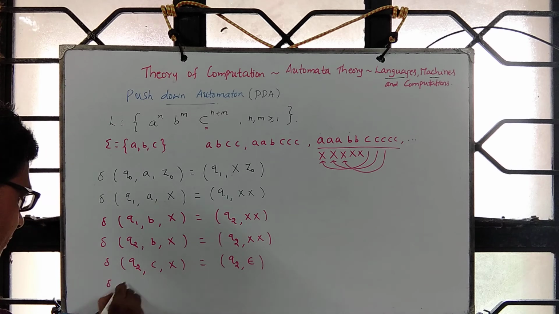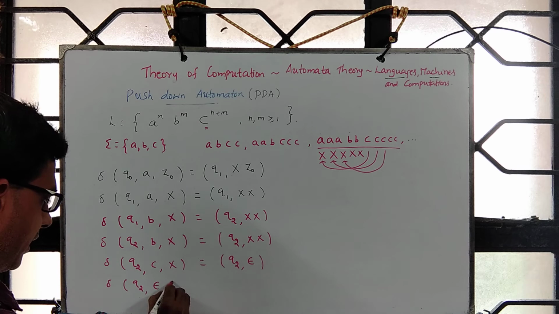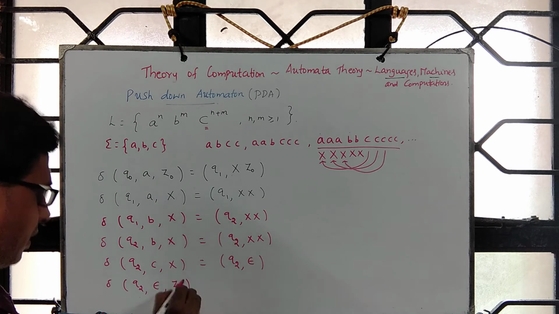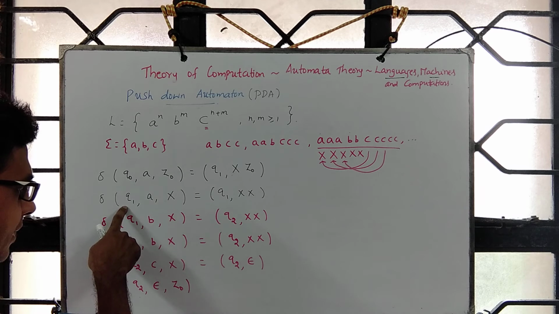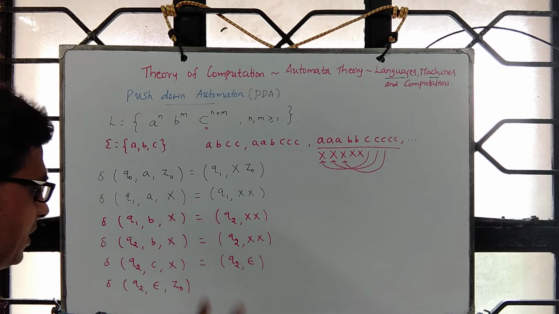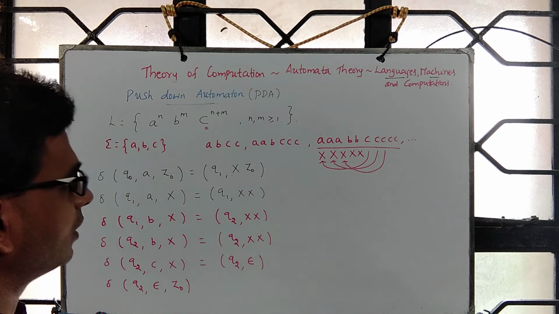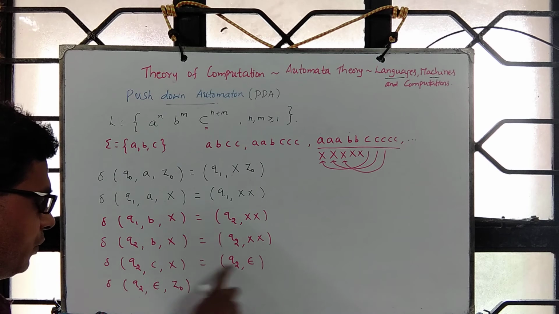Now after some time, we are in Q2, we exhaust the input tape, and the top symbol is Z0. So this ensures at least one A is read. This ensures at least one B is read. So which means there will be at least 2 X's on the stack. So we go through this.